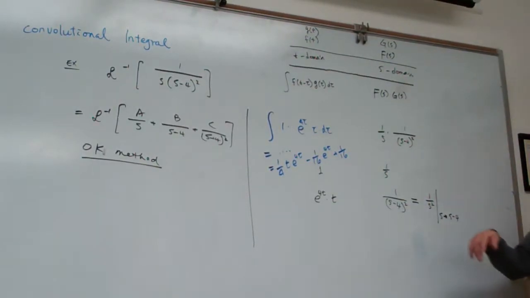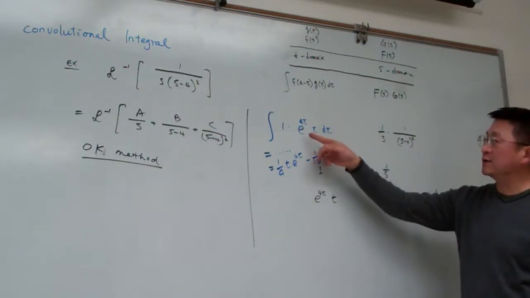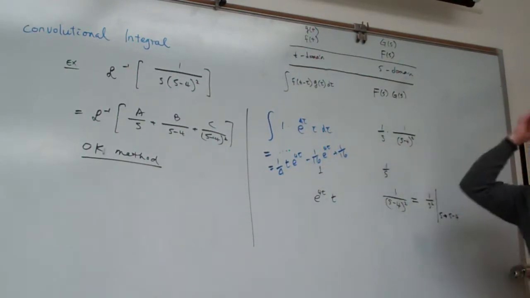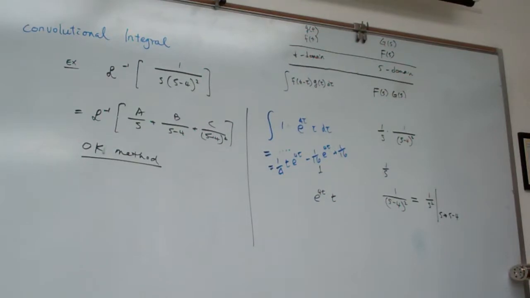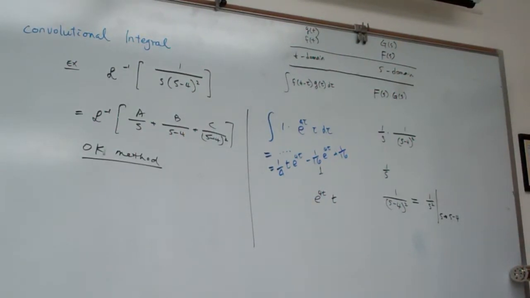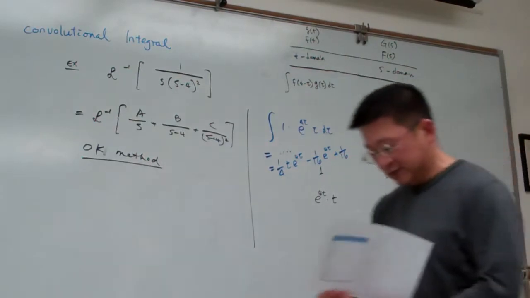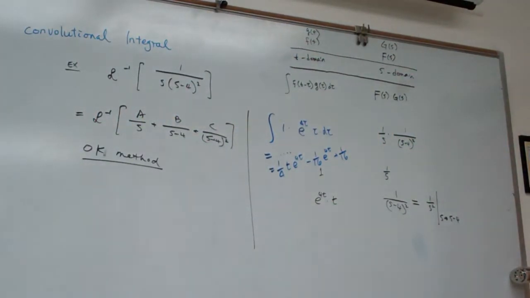Okay, so let me skip a few steps, you have to do the integration by parts a little bit, but that's the result here. Good? Okay, so this is a simple exercise for this.